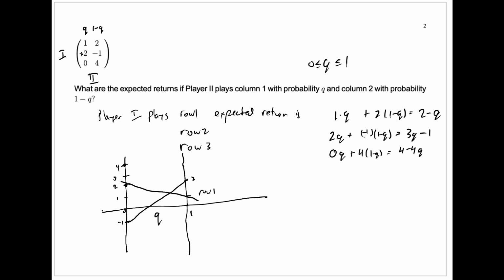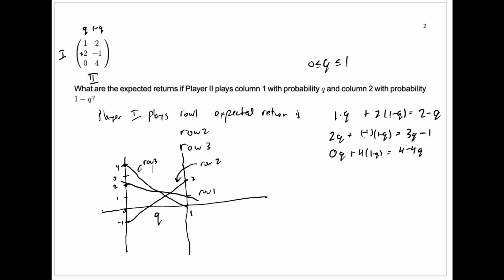And here we have to be very careful to graph this properly. It looks something like that. So this was row 2, and the one we just drew was row 3.